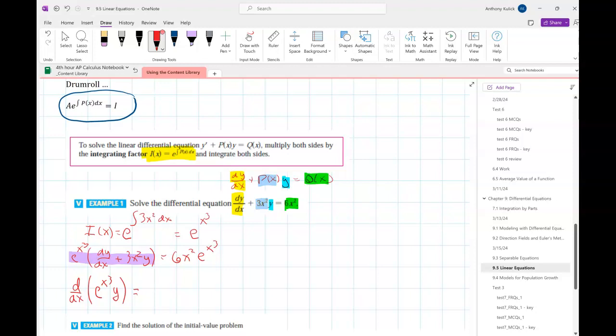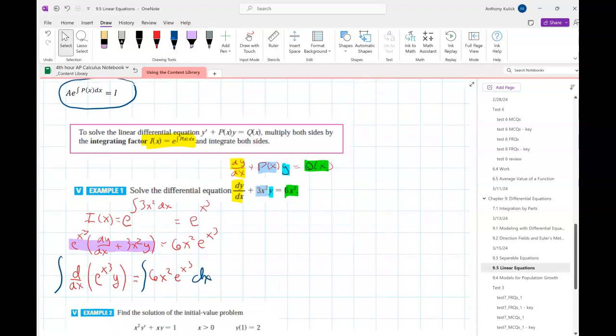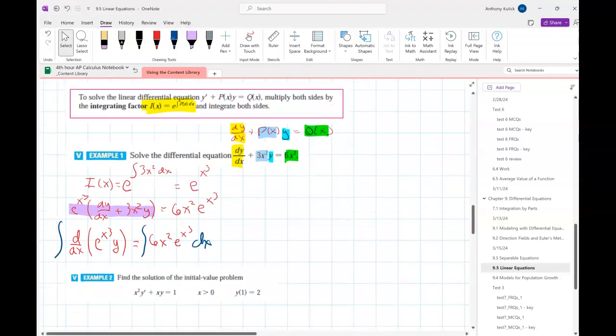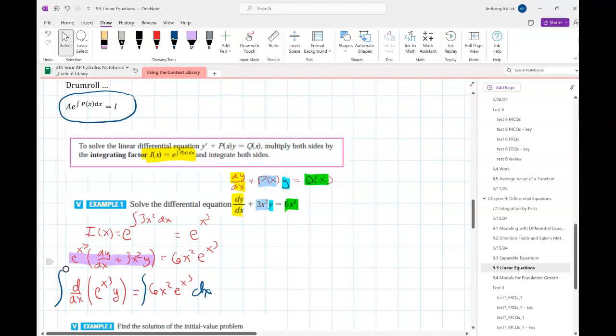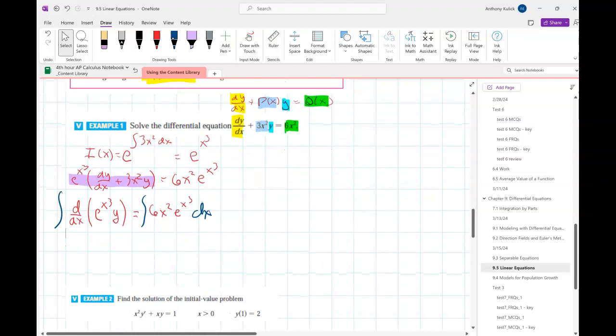It's automatic for me. At this point, I can then integrate both sides. The integral cancels with the derivative.